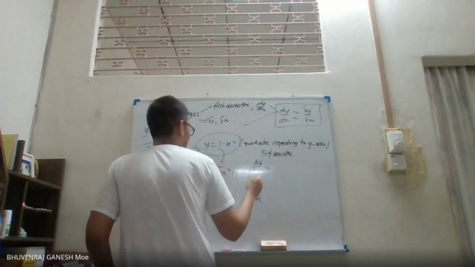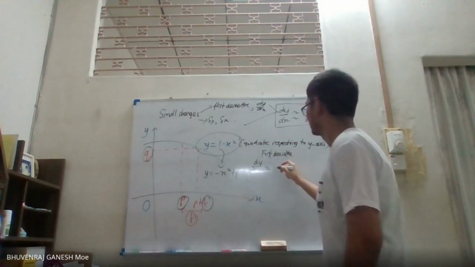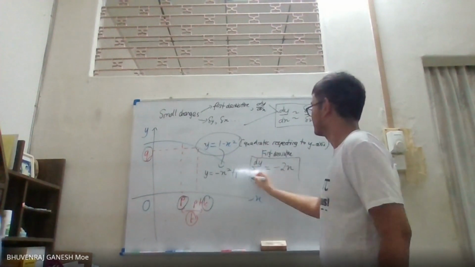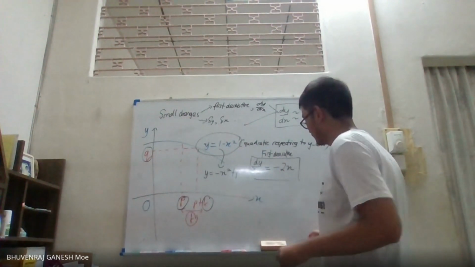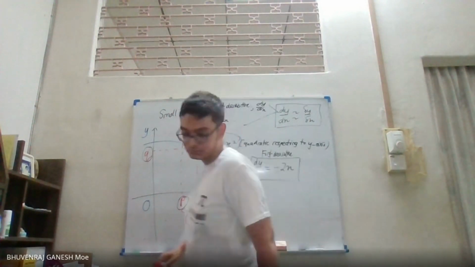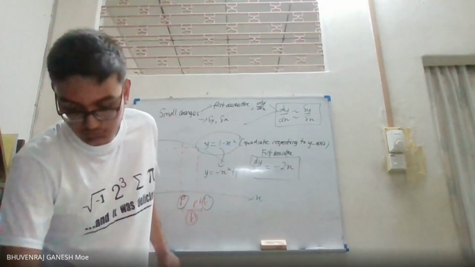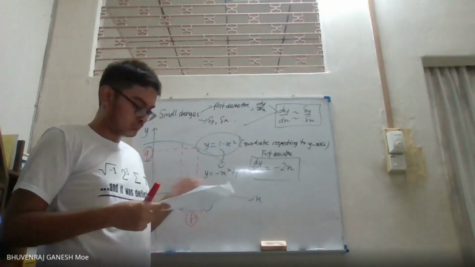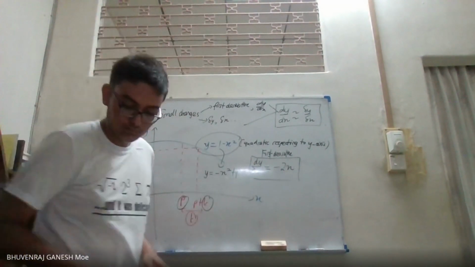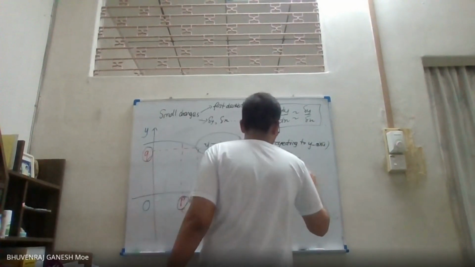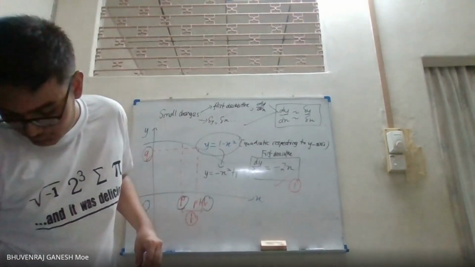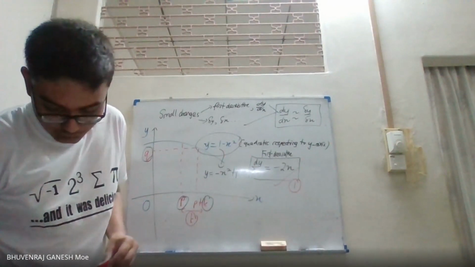Then from here you do dy over dx, you will get negative 2x. So that's already your answer, just one step. So here you get 1 mark. Total is 4 more marks left from part 2.